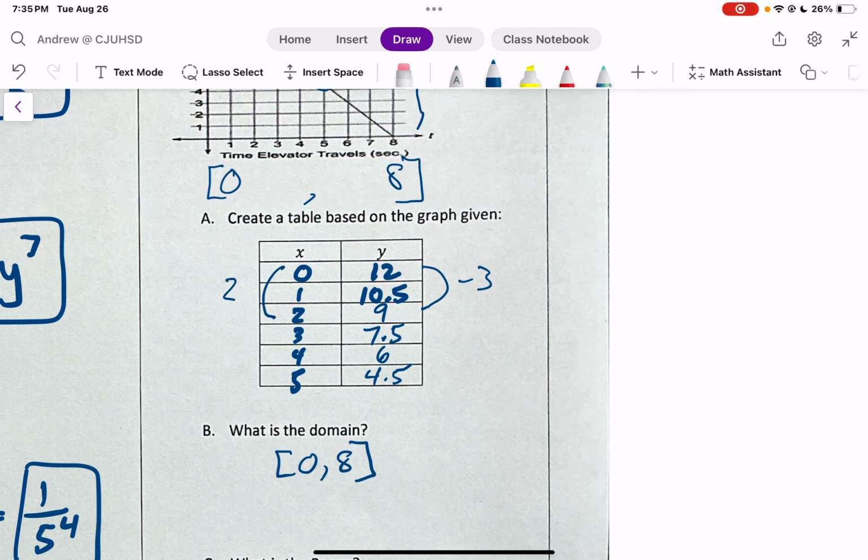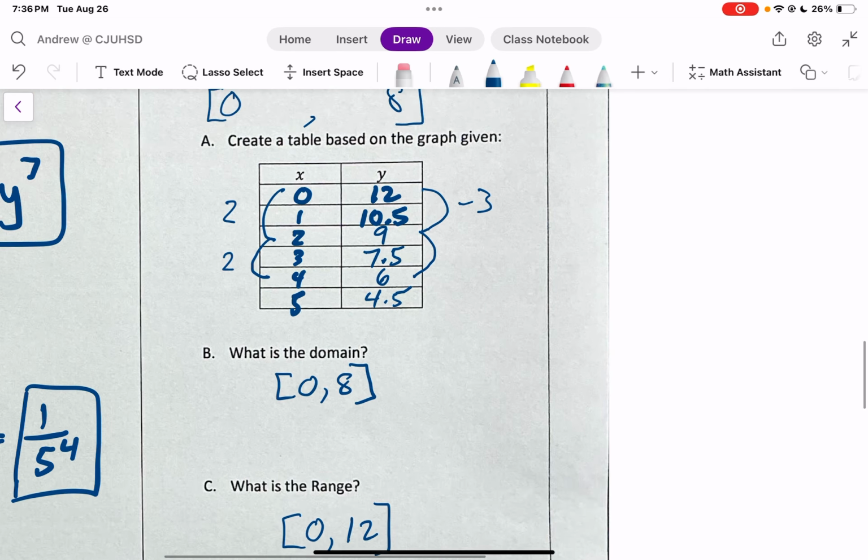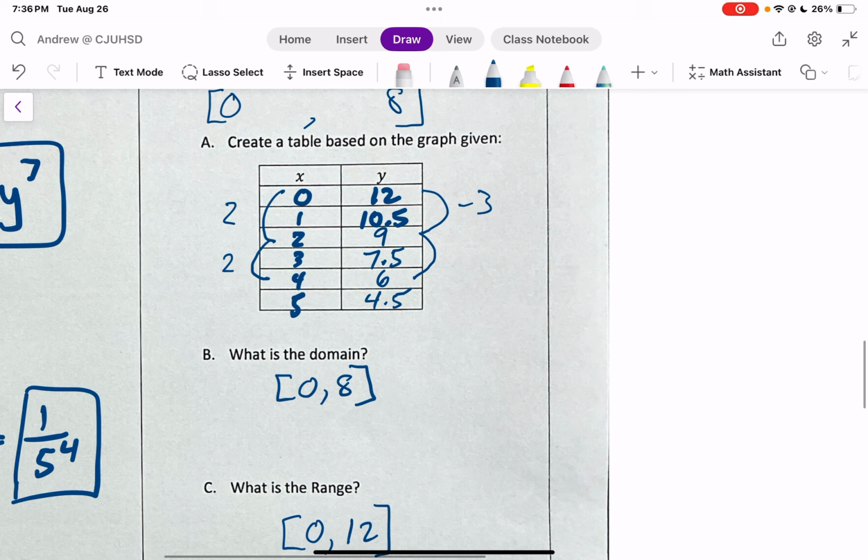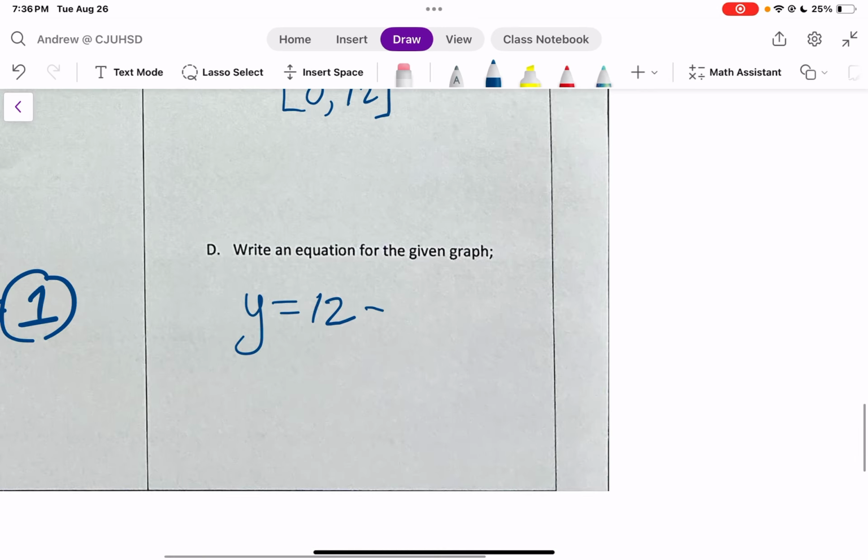And so how about negative 3 over 2? See, because it works here again, down 3, down 2. So it's basically 1.5 floors a minute, which you could do if you did like 12 down to 10.5 and then 0 to 1. But if you want a fraction, it would be something like that.